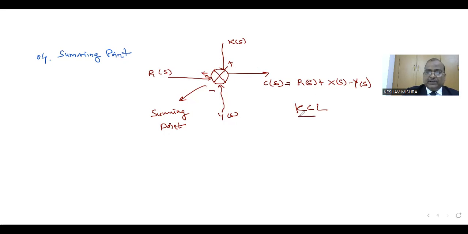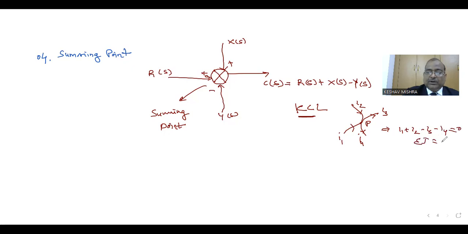That is similar to KCL, where we take some point, say point P. This current is I1, this is I2, suppose these are entering currents, and these currents, I3 and I4, are leaving currents. Then I1 plus I2 minus I3 minus I4 at the node is equal to 0.